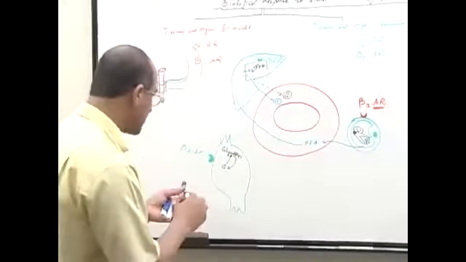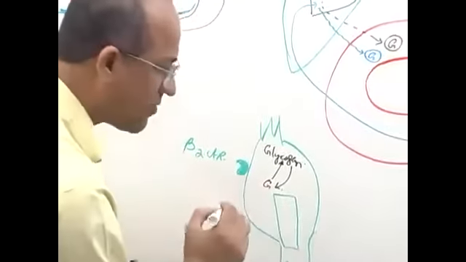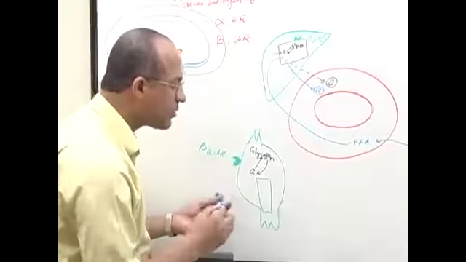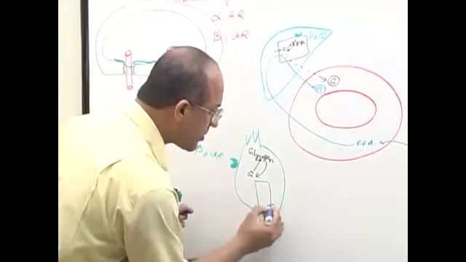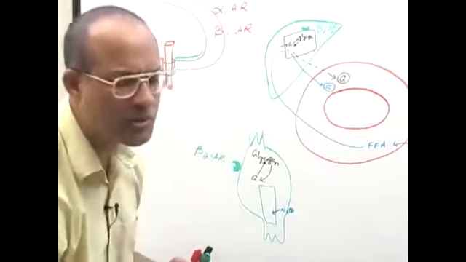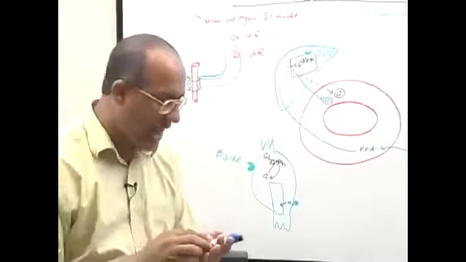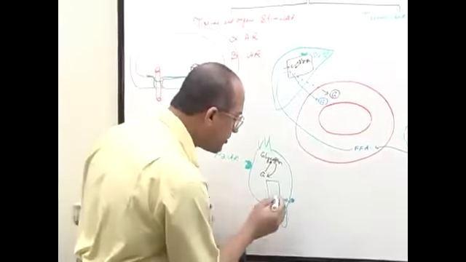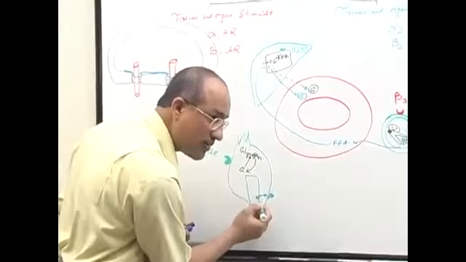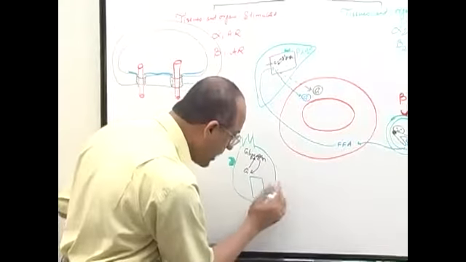So let's suppose this is one skeletal muscle cell, with action potentials going on repeatedly. During every action potential, sodium goes in, and sodium influx produces depolarization, right? During depolarization sodium goes in, and during repolarization potassium comes out.